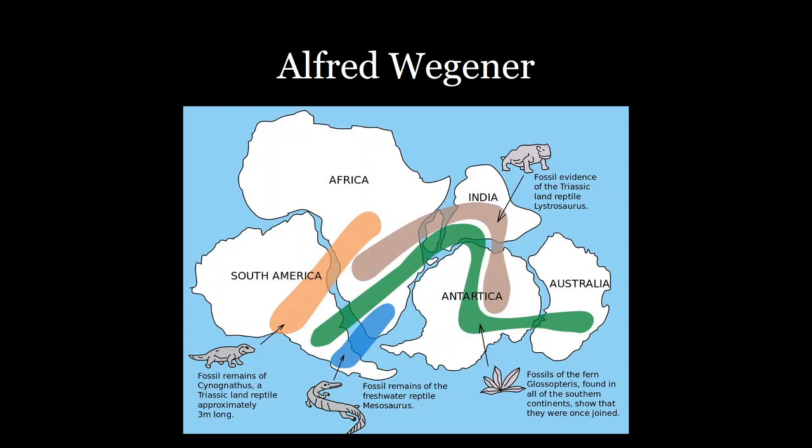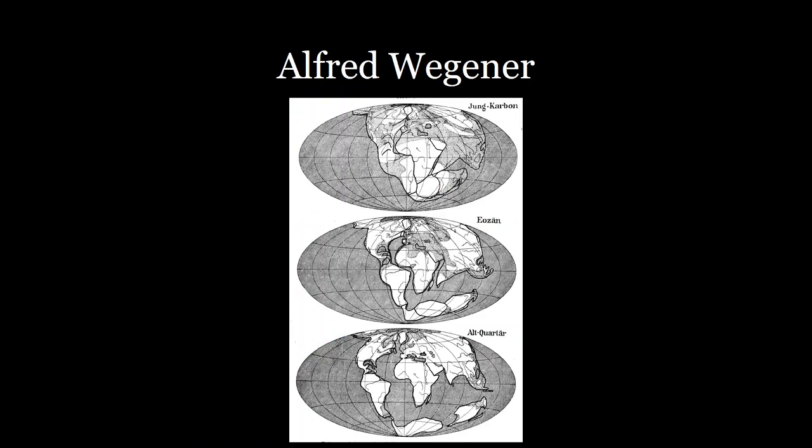And it was almost as if the habitats of these extinct animals must have been somehow connected in the past. And so he came up with this map where he thought that the continents must have all been one large landmass before and have since separated apart.